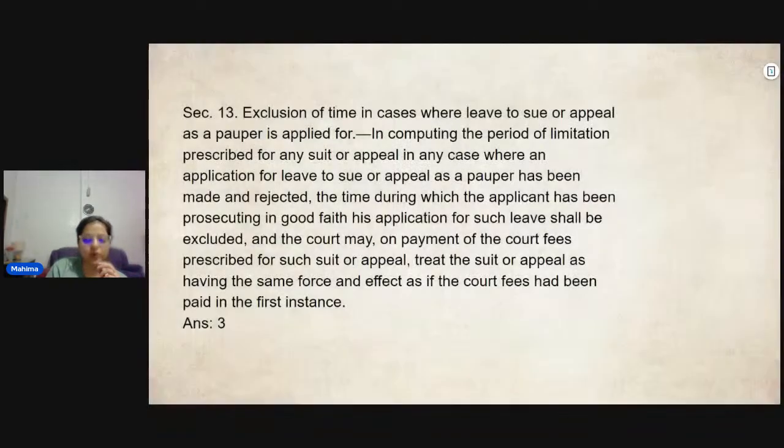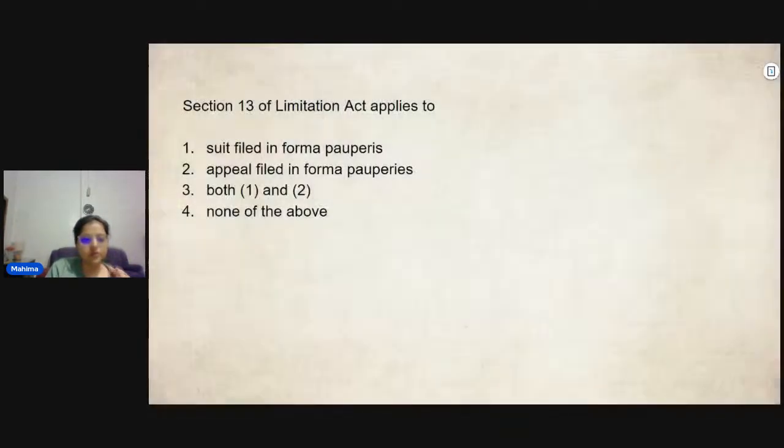Yes, it is both 1 and 2. Whenever a person is a pauper, Section 13 will come into the picture and apply to both suits and appeals.